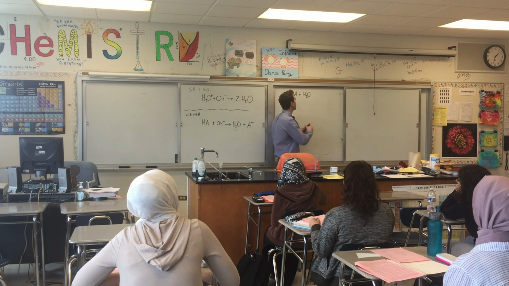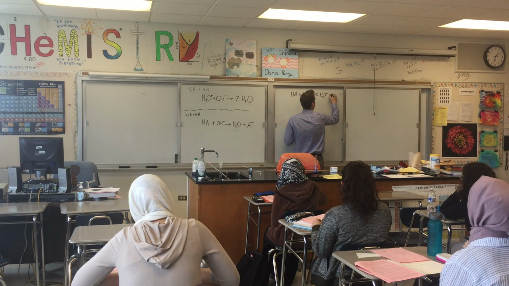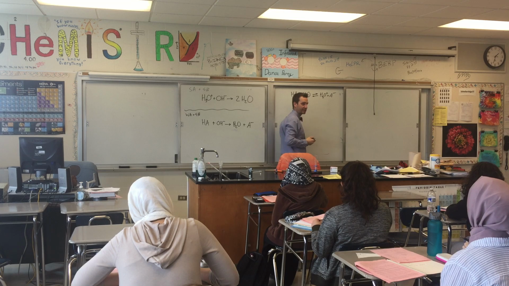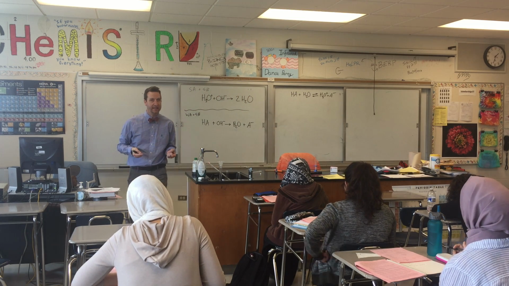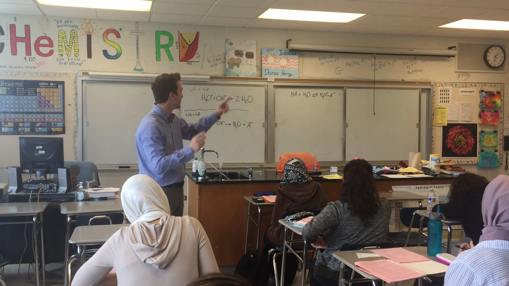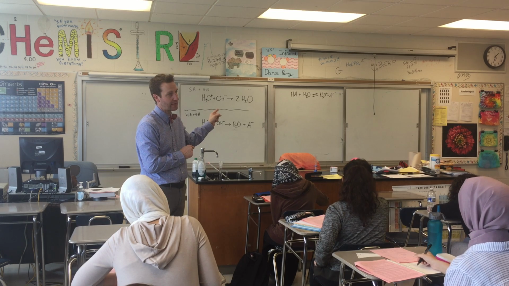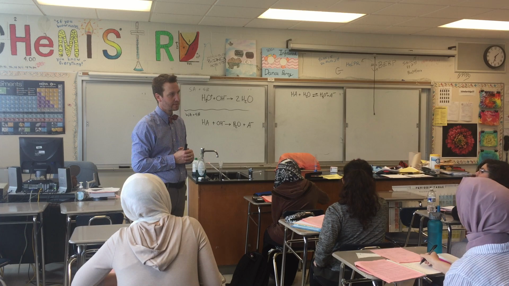So it's going to donate them to H2O, forming H3O plus and A minus. So essentially, for doing weak, strong calculations, we first have to do a limiting reactant problem, then we have to do an equilibrium problem. It's a two-step process. Okay?